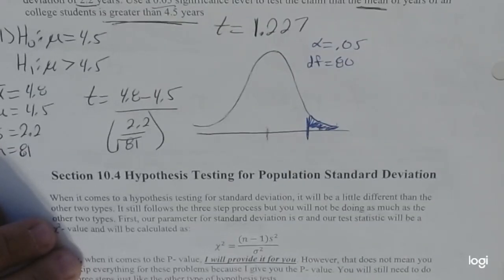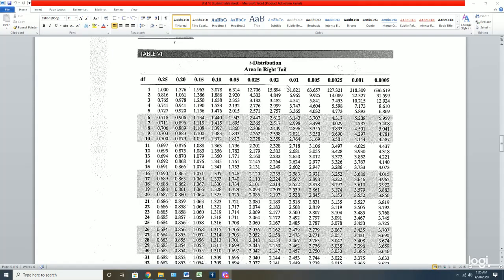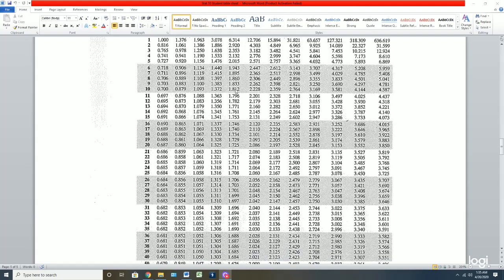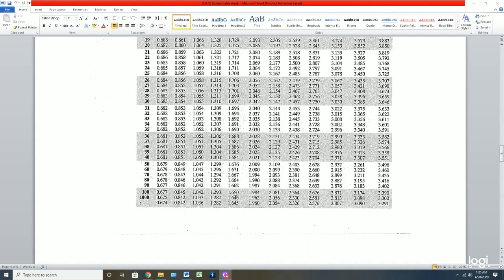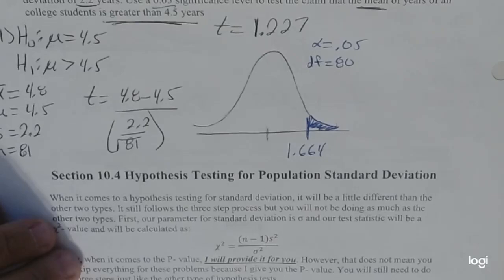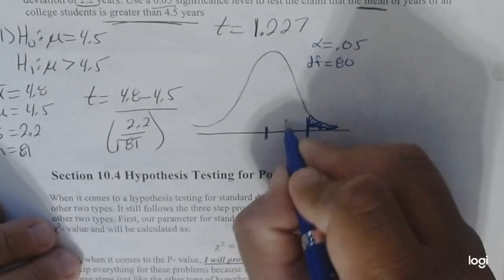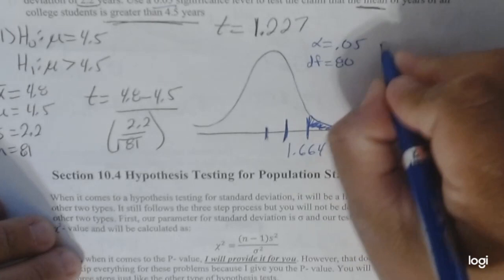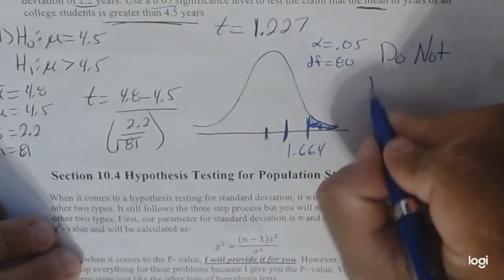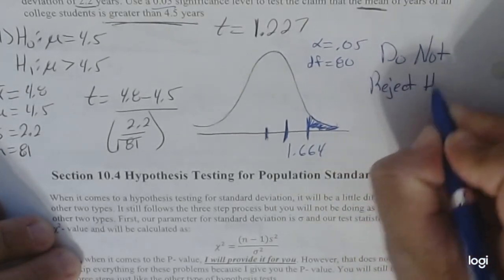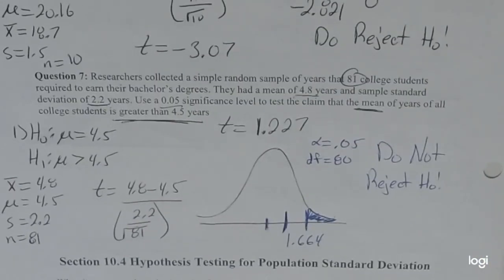So what is our t-value? 0.05, 80 degrees of freedom, which is way down here. 1.664 is our critical value. It looks like our test statistic is not in the rejection region, so we do not reject our null hypothesis.